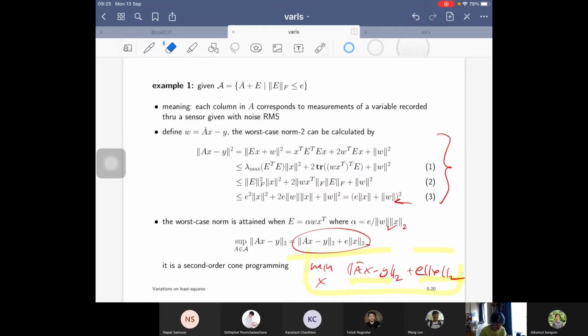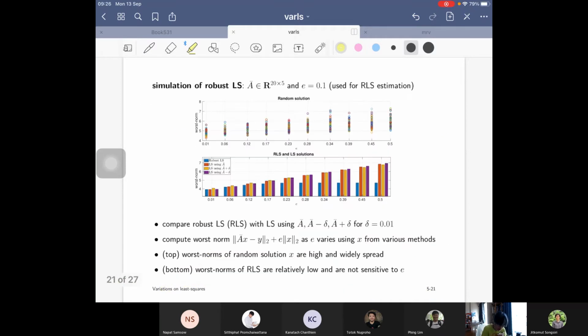It is still convex, but it is not a quadratic problem. From an optimization point of view, this is called second order cone programming. You don't need to worry about this problem type right now; it will be discussed more in an optimization class.